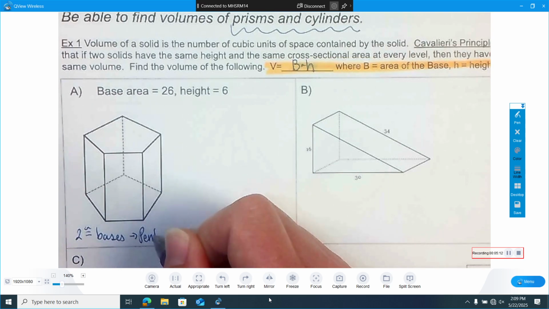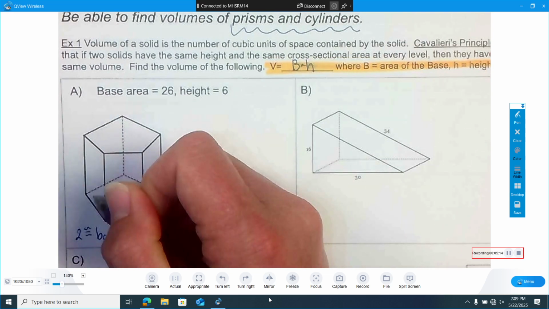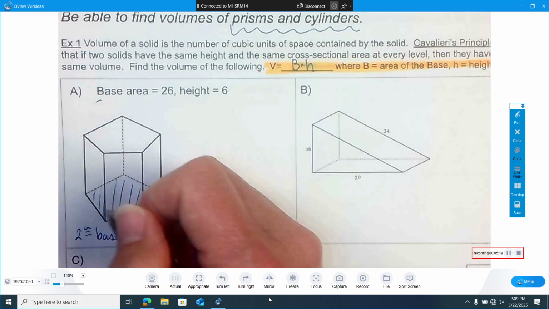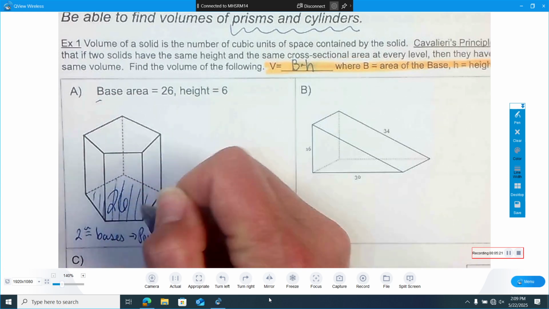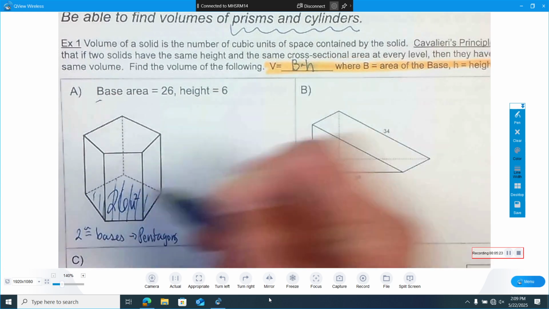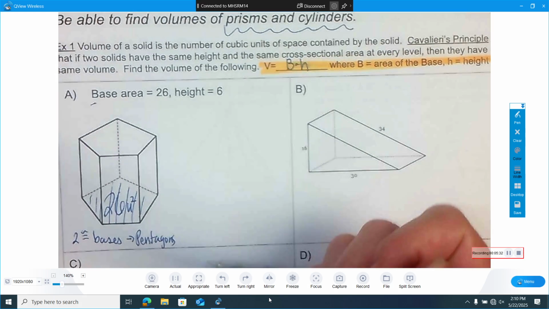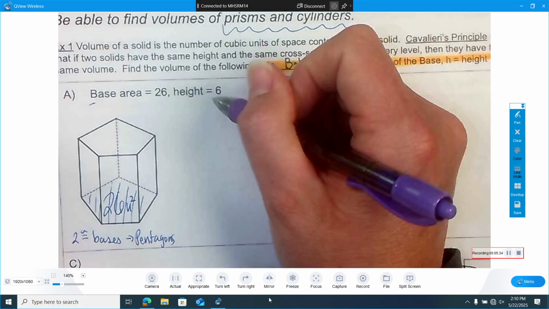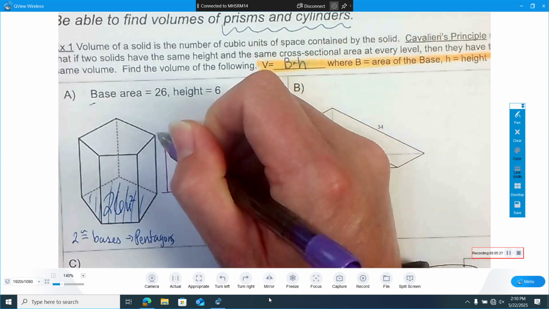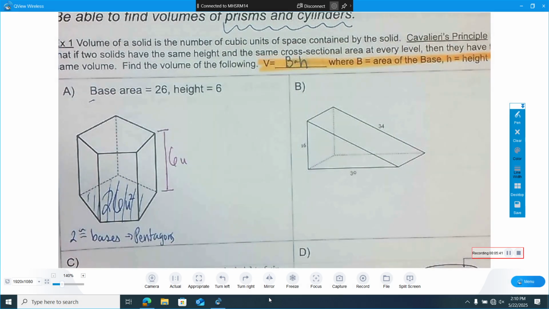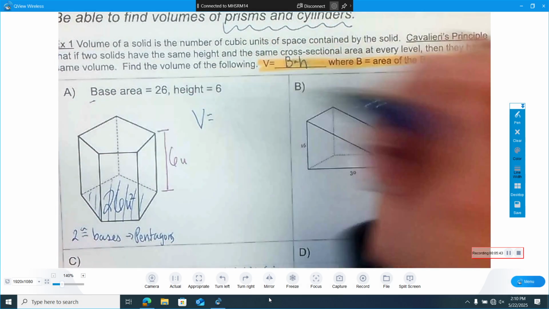So they tell us very simply here that the area of this base is 26 square units. And I just want to remind you, you're going to be allowed to use your notes on your test, so take a note. And then they tell us that the height of this prism is 6 units.